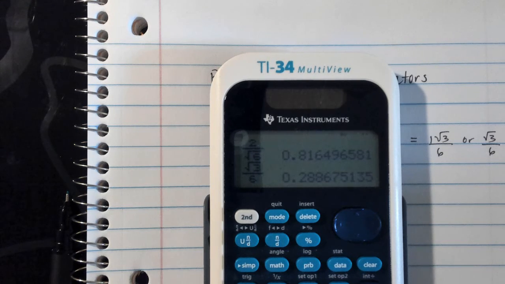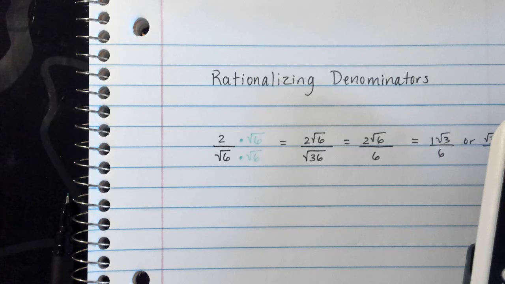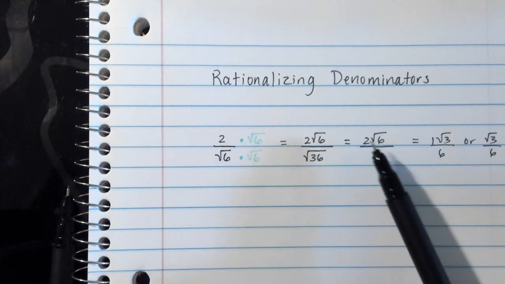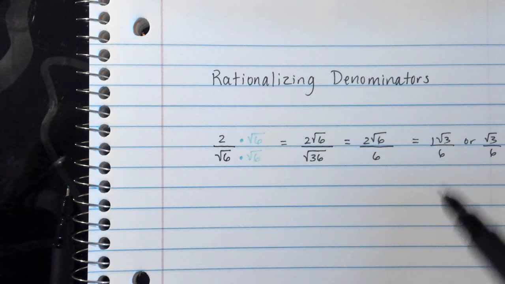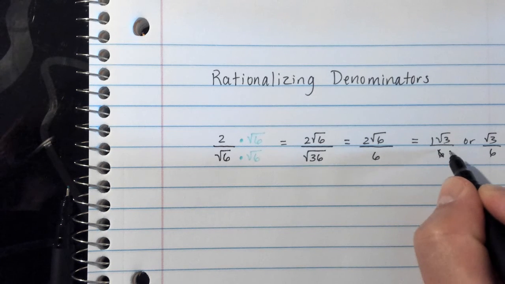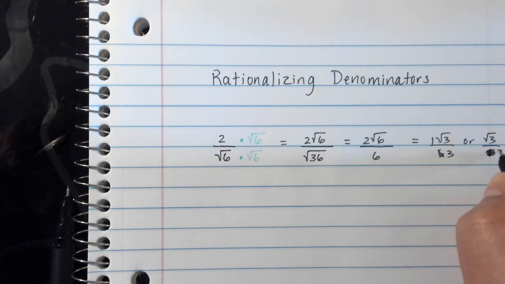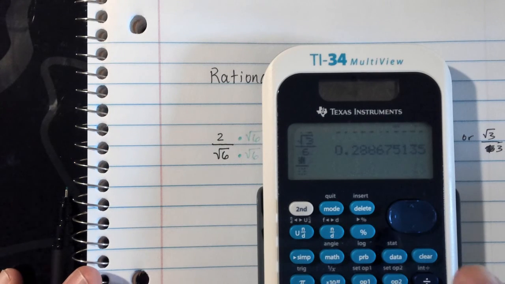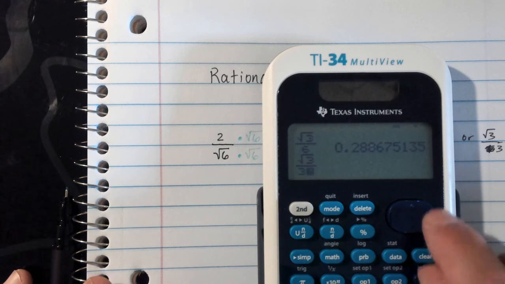yeah, what did I do wrong? 2 over 6 equals 1 over 3. That's funny. Whoops, guys. Sorry about that. Now let's try it. So square root of 3 over 3. Making videos is not as easy as you would think.